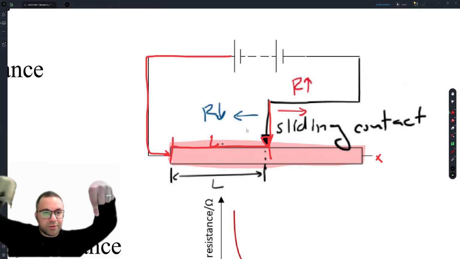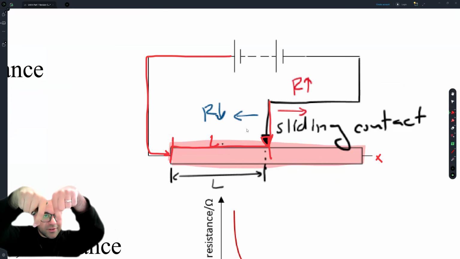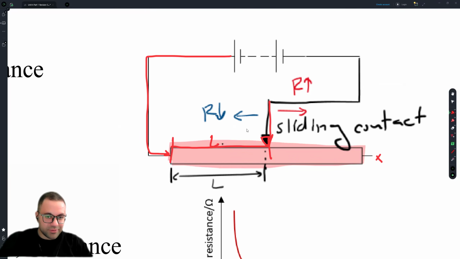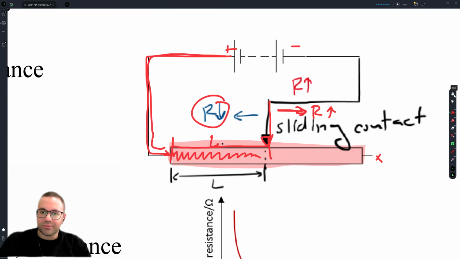The longer this length becomes by moving the slider to the right, the greater the resistance. The smaller this length, the lower the resistance. So if you move it to the left, the resistance decreases. If you move it to the right, the resistance increases. Now the reason for that, if you're curious, is because as the current moves from positive to negative, it only passes through this section of the wire, and then it goes out.